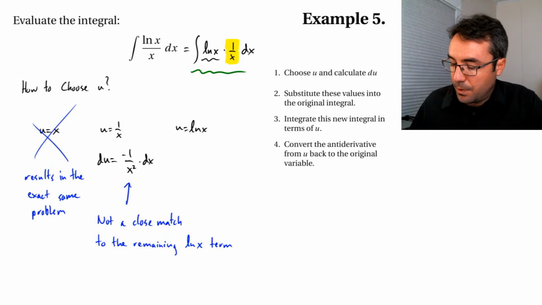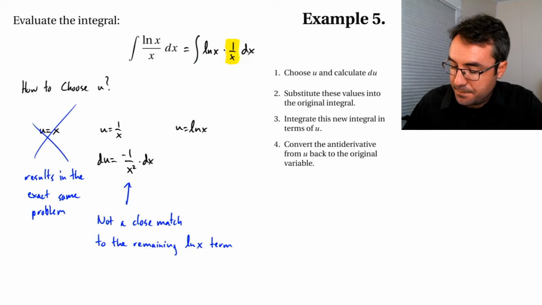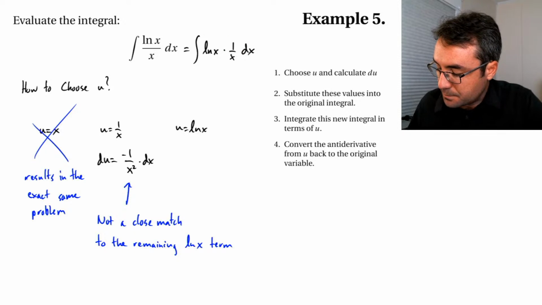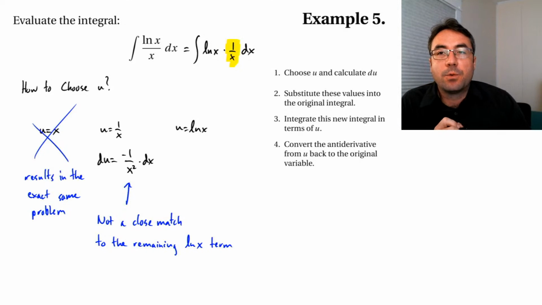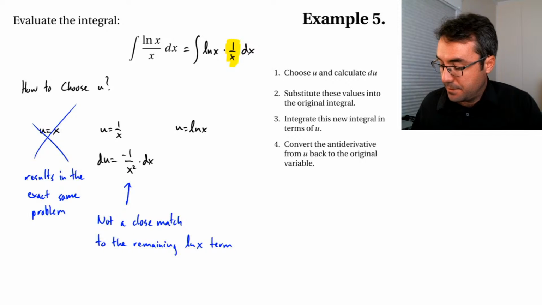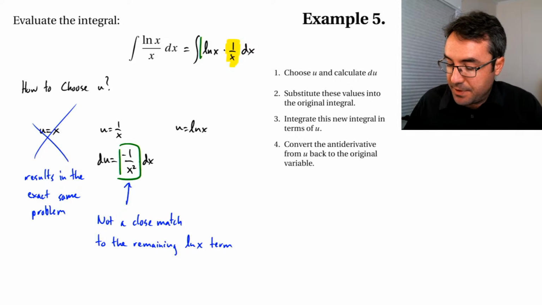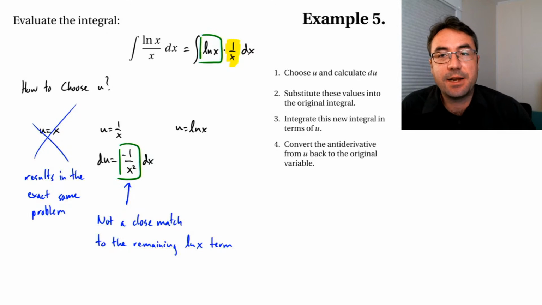So this 1 over x squared, when we have our integral here, we're letting u equal this 1 over x. We're comparing the term in our differential to any of the extra terms that we have inside our integral, if we were to use that choice for u.